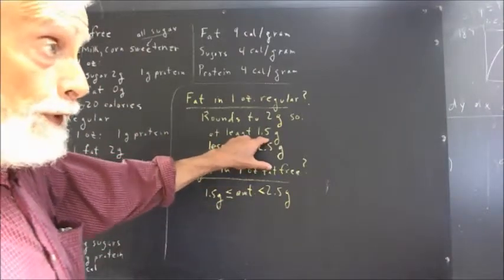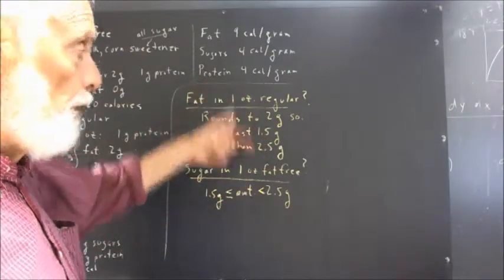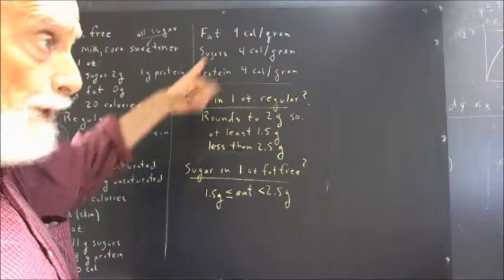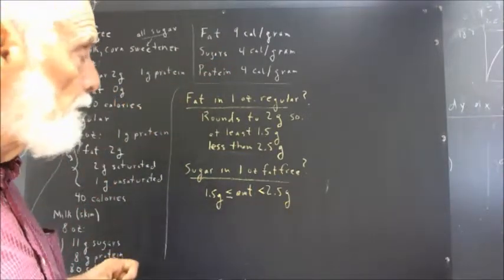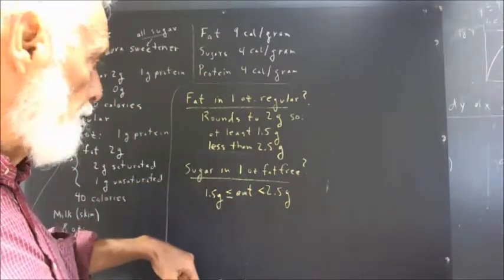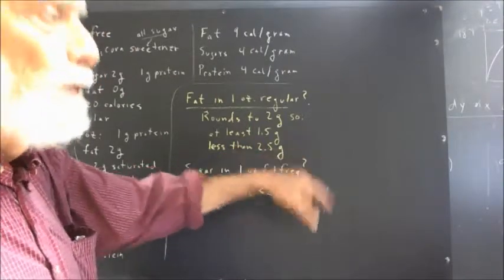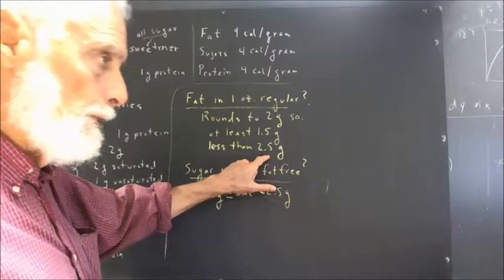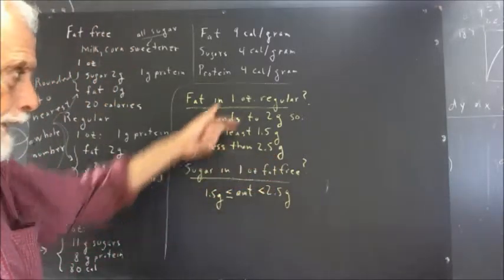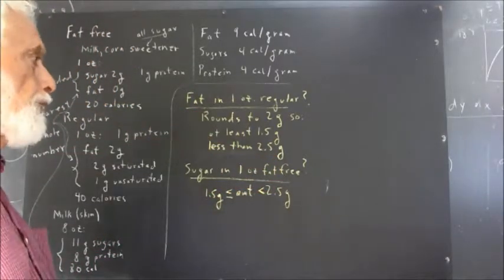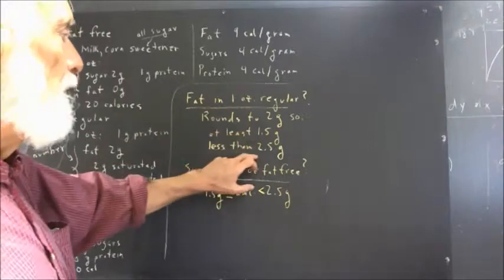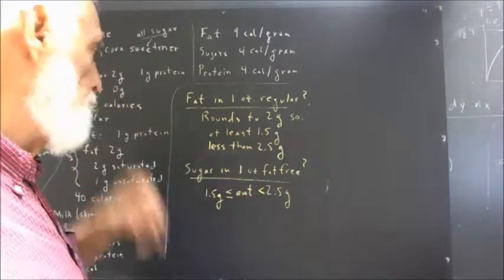Nothing less than 1.5 grams rounds to 2 grams. That would start with 1.4 something at the very most, so it would round down to 1 gram. Also, 2.5 grams would round to 3 grams, but anything less than 2.5 grams is going to round down to 2 grams. So we know it's at least 1.5 grams. It's less than 2.5 grams.